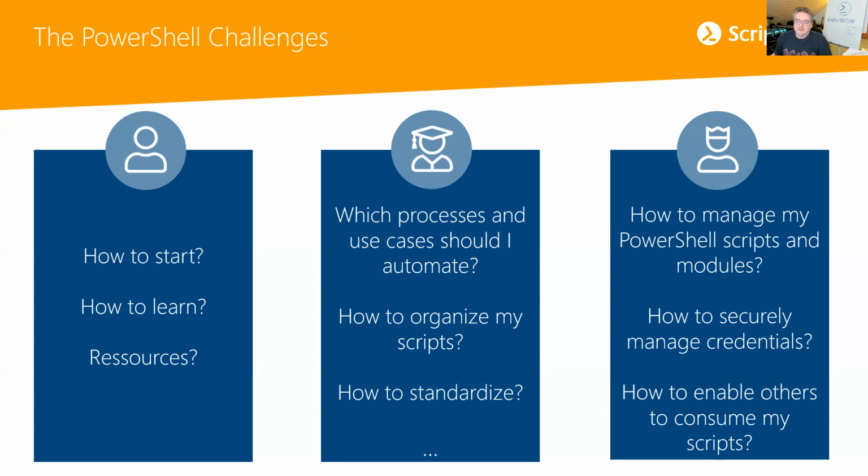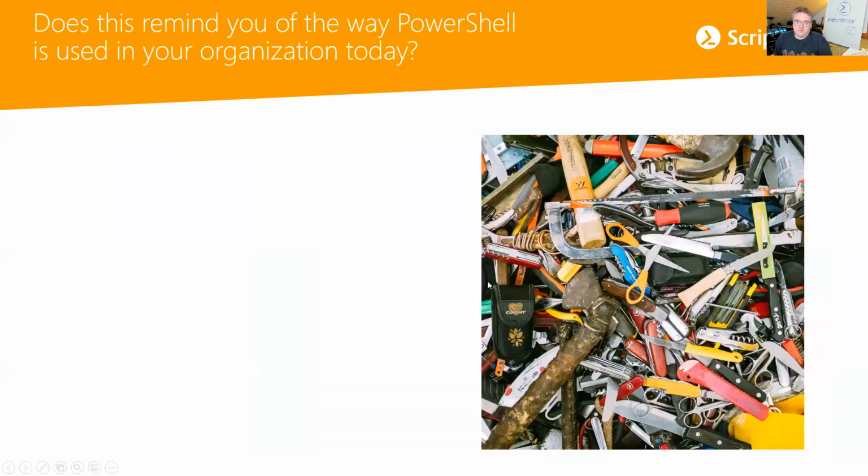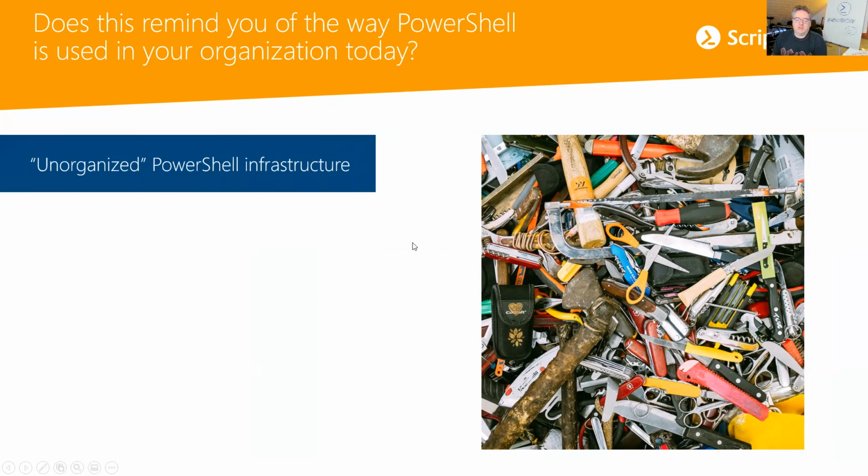And so what I see when I talk to organizations using PowerShell, not all the time, but pretty frequently, is a picture like this, where, okay, yes, we're using PowerShell and we have our scripts here and there, and the people who wrote the scripts know exactly where to go if they want to do something, let's say with Exchange or with Active Directory or with SQL.